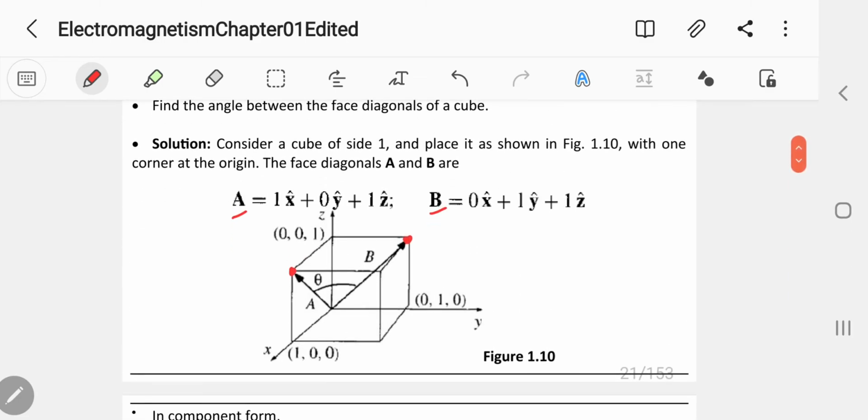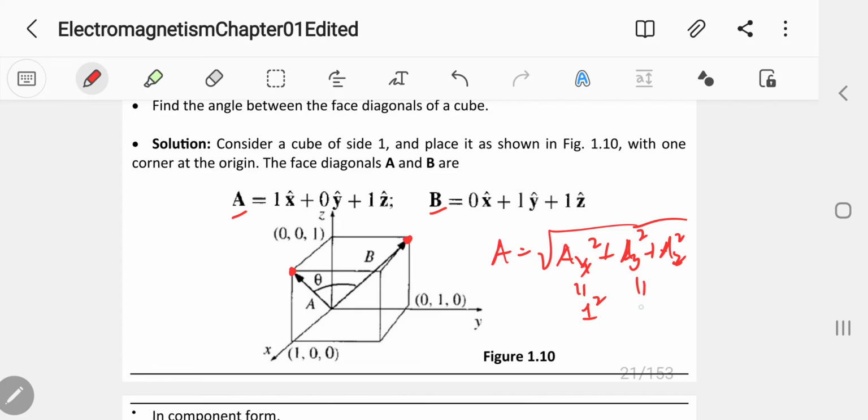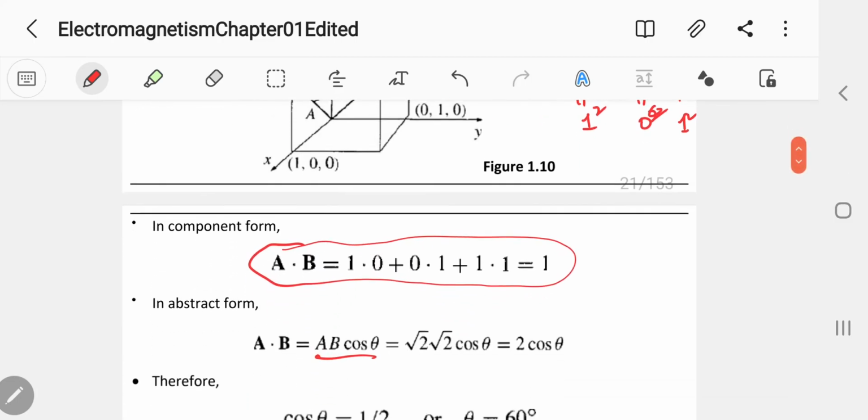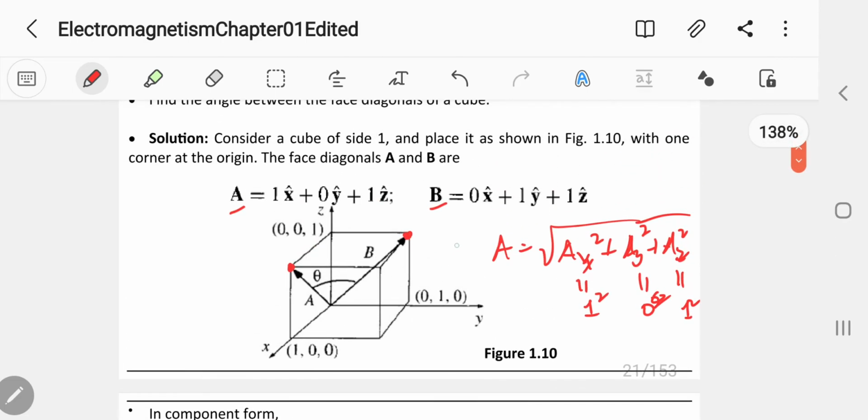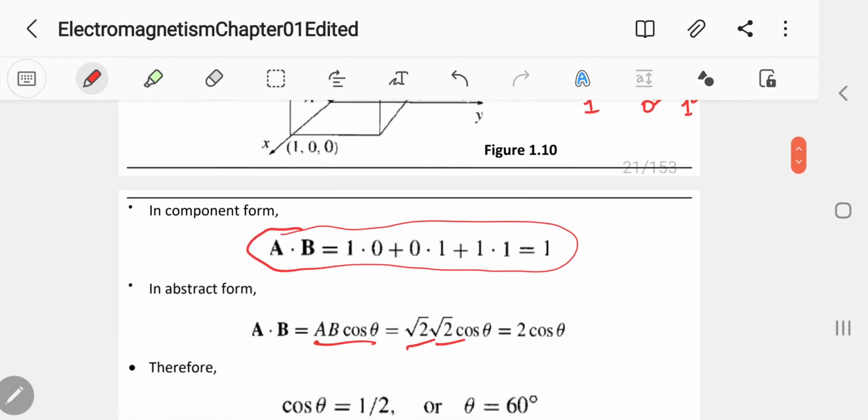A is the square root of ax square plus ay square plus az square. So this is equal to 1 square plus 0 square plus 1 square. So 1 plus 0 plus 1 is equal to 2. So A is equal to square root of 2, and B is also the same, square root of 2, if you get the magnitude using this formula.